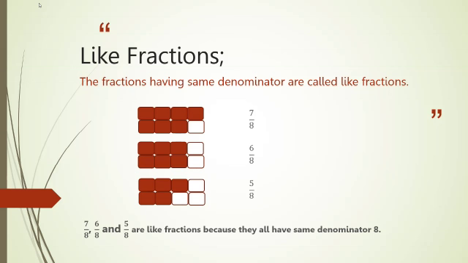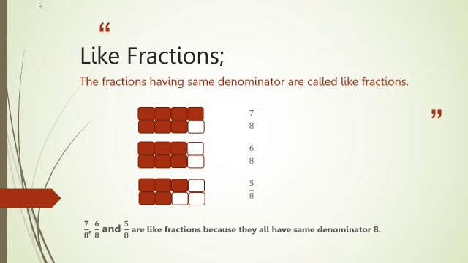We can see our second shape is also divided into 8 equal parts and out of 8 parts, 6 parts are colored. This shape is showing the fraction 6 over 8.